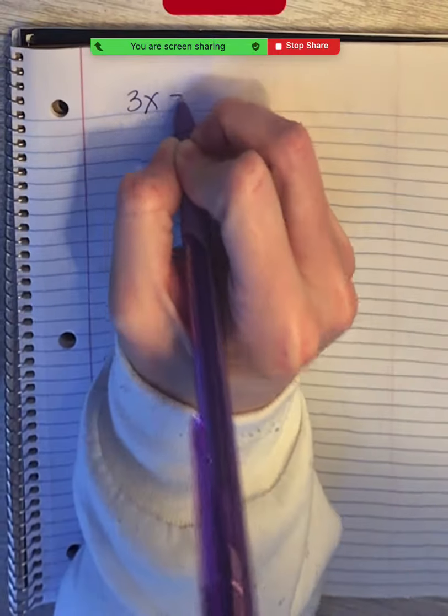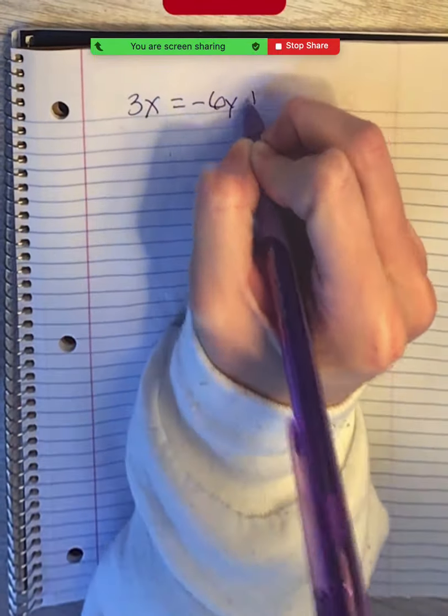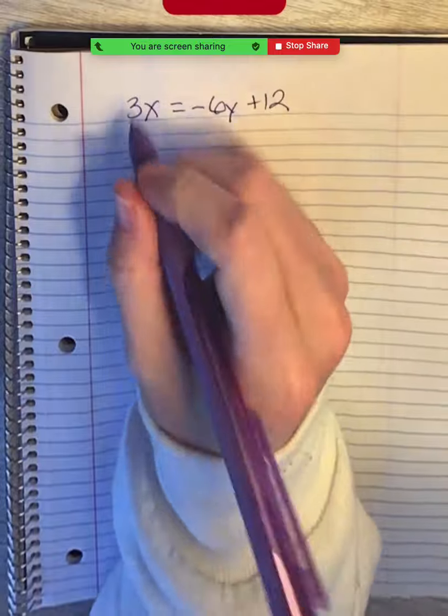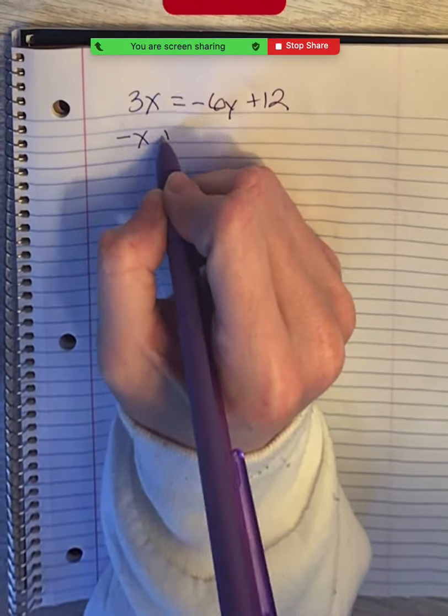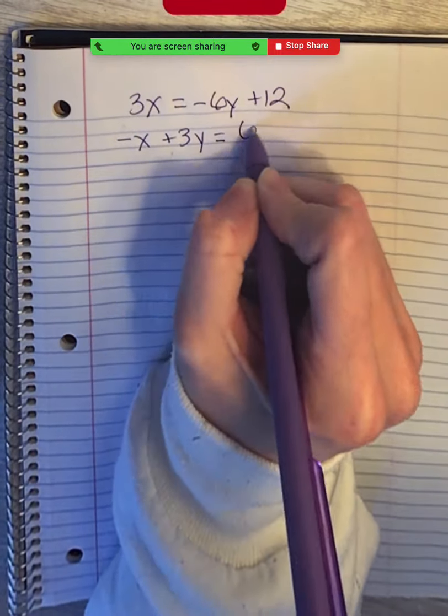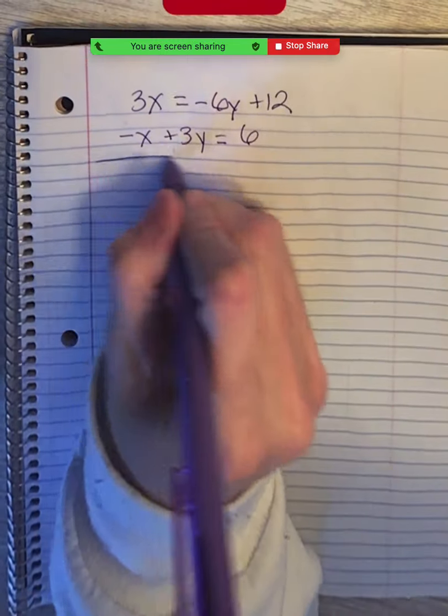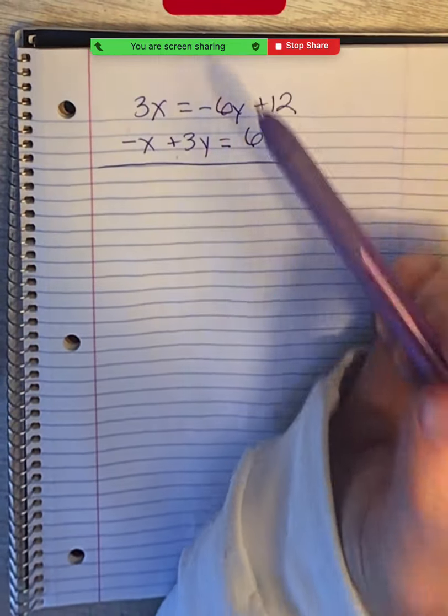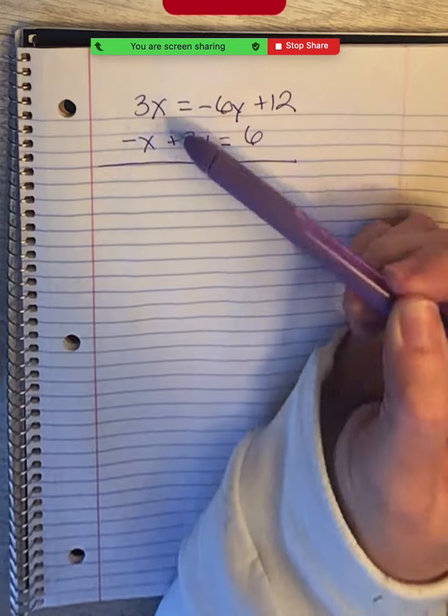All right, one more. We get 3x equals -6y plus 12, and -x plus 3y equals 6. Okay, so the first thing is like terms need to be in columns. So here's my x's, but then it's an equal sign.